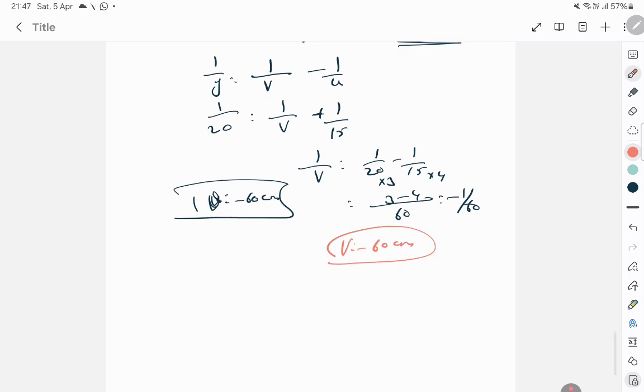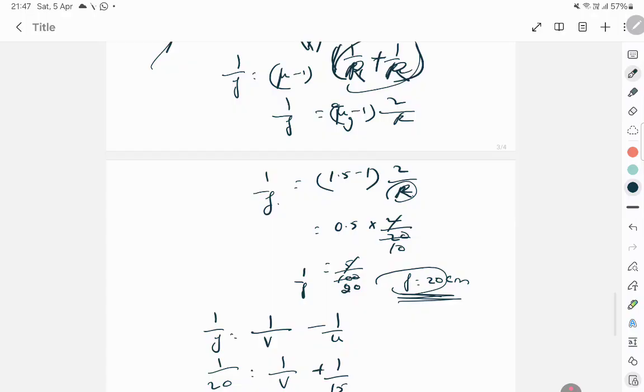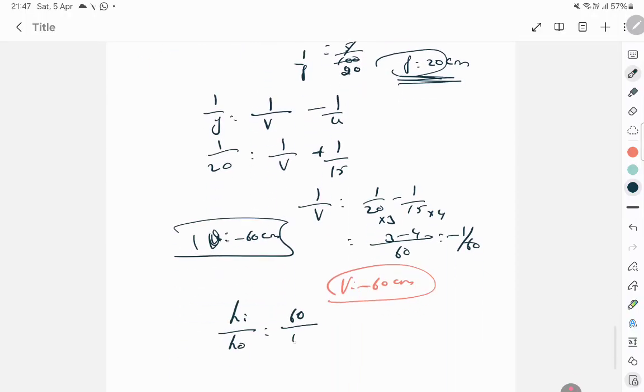And such an enlarged image, you know it has got to be highly magnified, which is height of the image by height of the object should be equal to v by u, which is 60 by what was the object distance? Was 15, right? 15 fours are 60. So you know the height of the image is 4 times the height of the object.